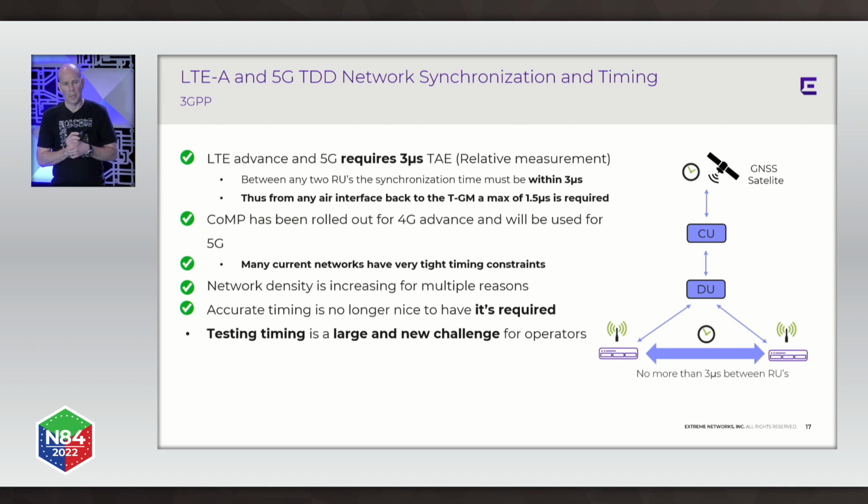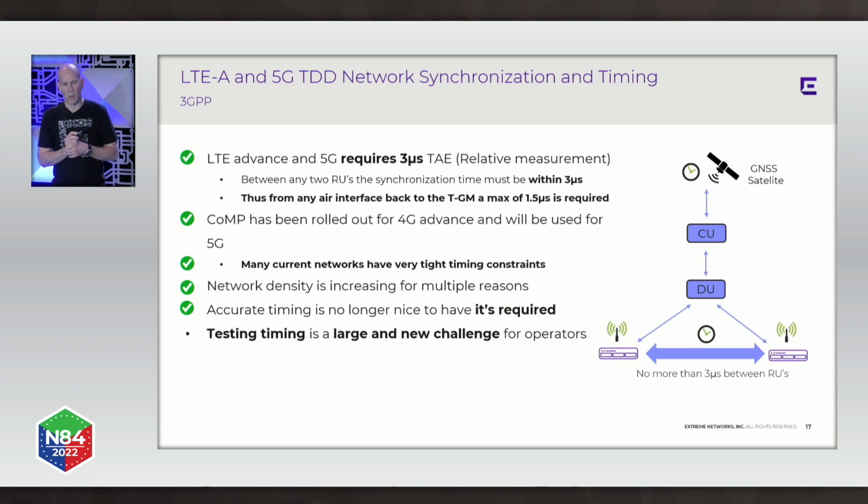How it's defined is that you have 3 microseconds TAE between any two RUs. That basically means that between any RU and your timing grandmaster, you have 1.5 microseconds as your TAE defined.